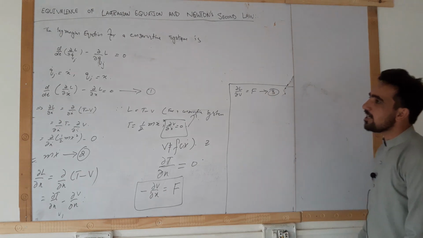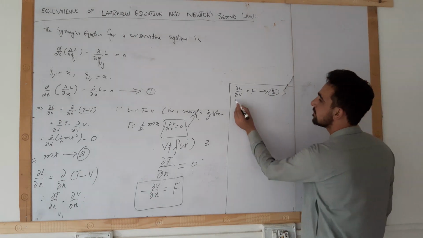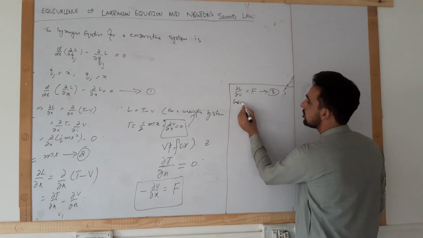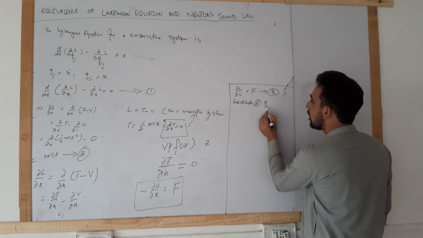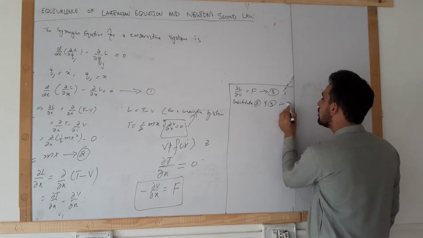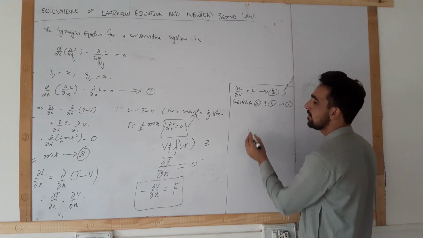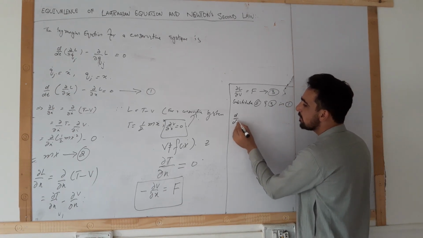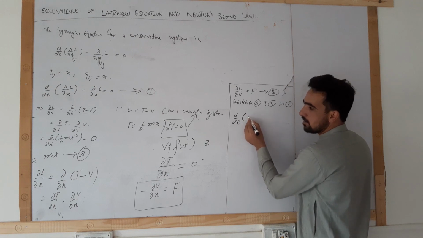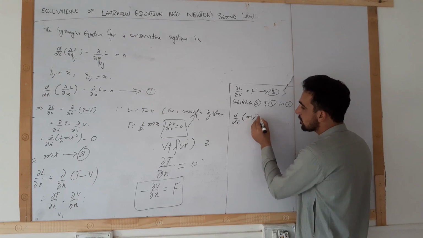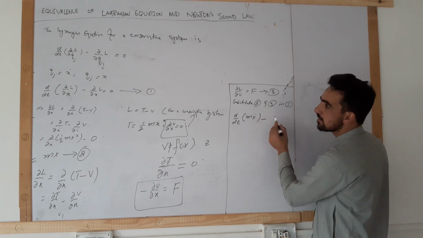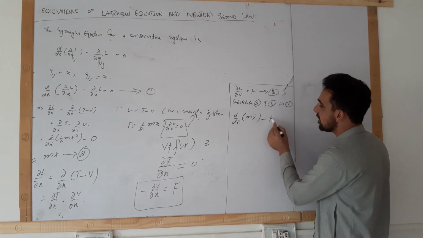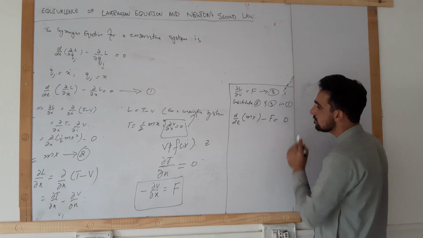Put equations 2 and 3 in 1. We have d by dt of m x dot minus F is equal to 0.